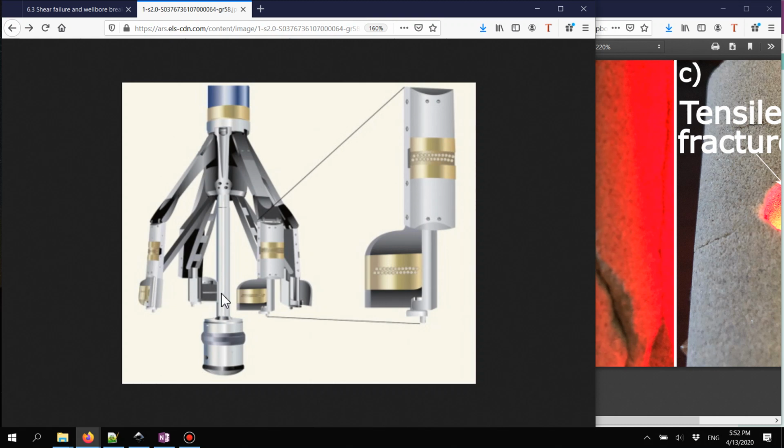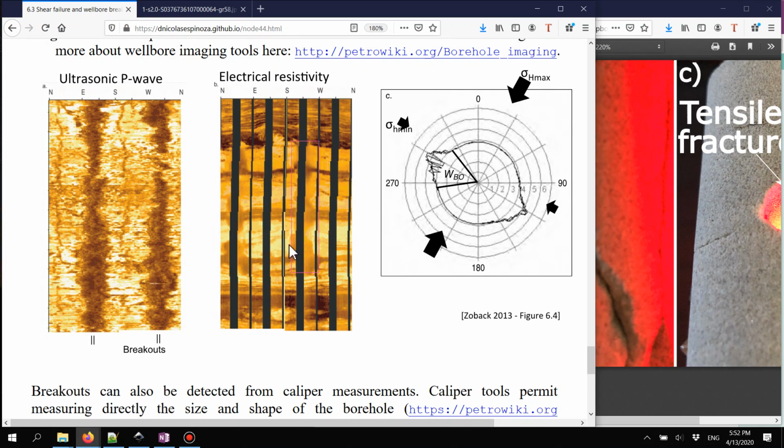This is a tool that is used to image wellbores. And you can see that these are the paths in which you have the electrodes that measure the resistivity of the rock. And there are some regions in which these paths are not going to touch the rock. Those are those regions in black for which we do not have data.